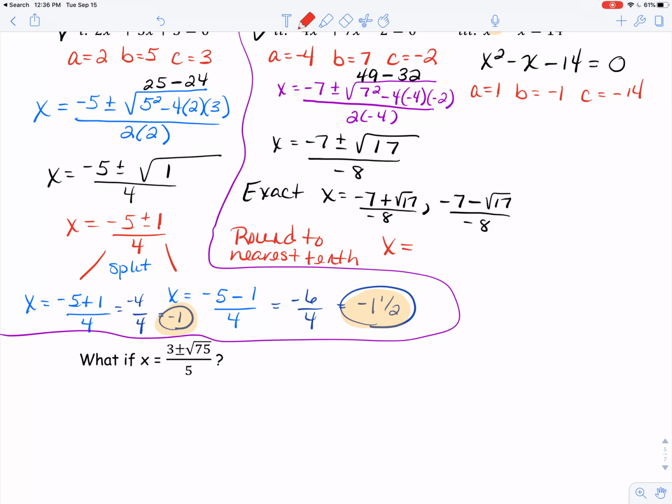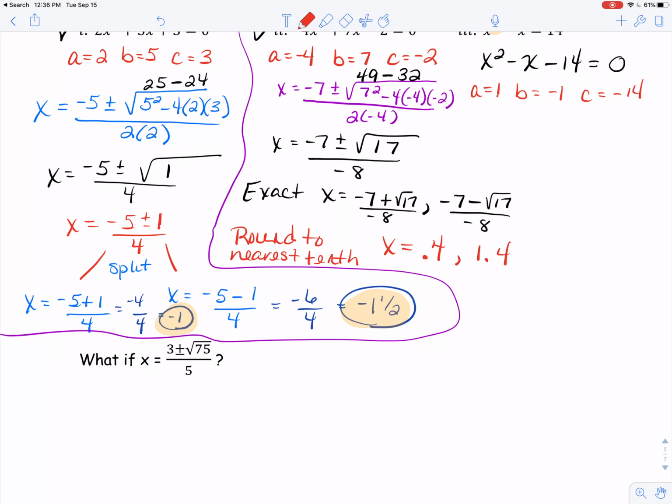So I'm going to say negative 7 plus square root of 17. And now make sure that that's either in parentheses or you hit enter on your calculator before you divide by negative 8. If not, you'll get the wrong answer. So we're going to round it to the nearest tenths place, so that is going to be 0.4. Alright, now I'm going to do the same thing with the minus. Negative 7 minus square root of 17, enter, now divided by negative 8, and I get 1.4.